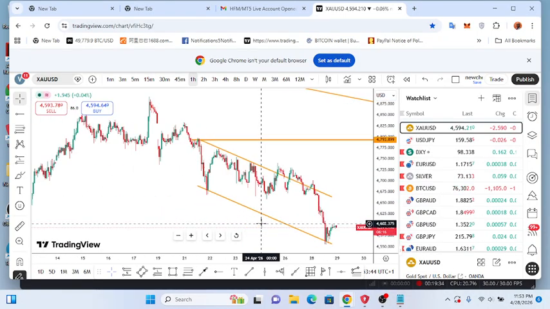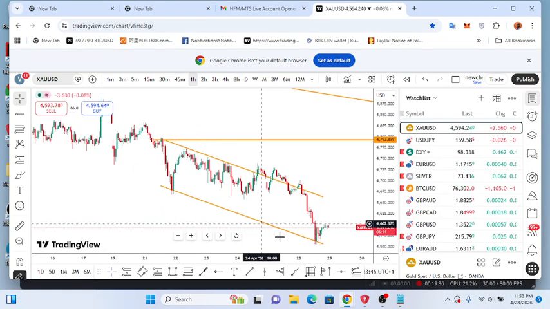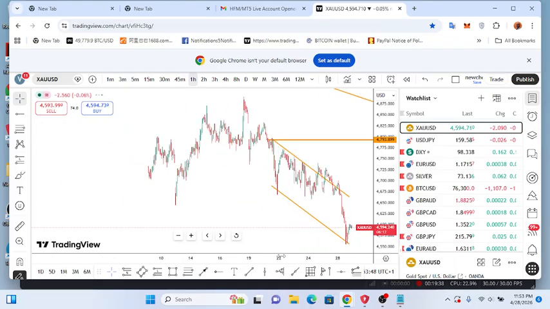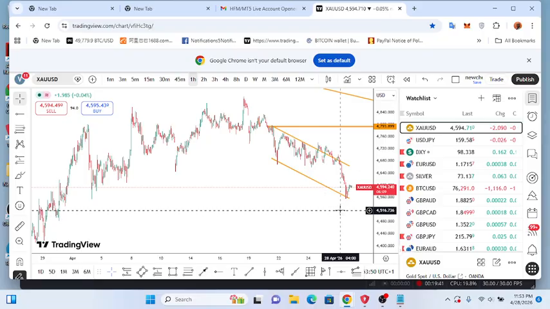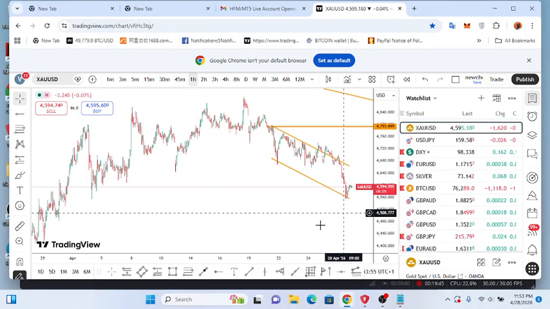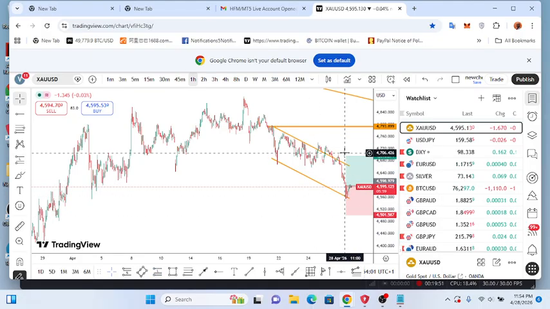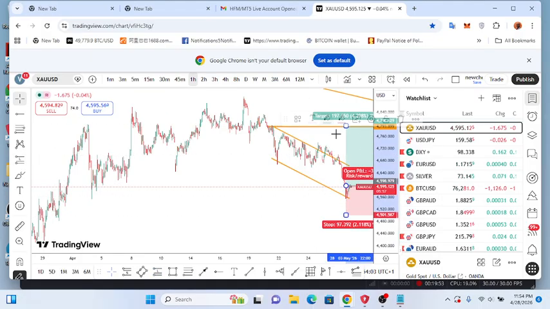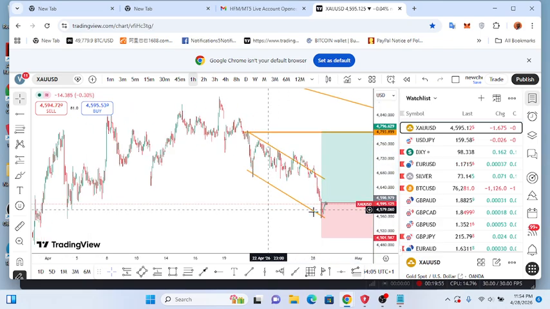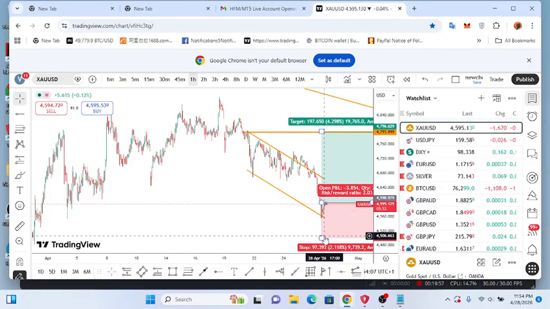Looking at this market, I will buy, place my stop loss around here. Let me see this risk reward position, buy profit. The risk to reward ratio is 2.03.